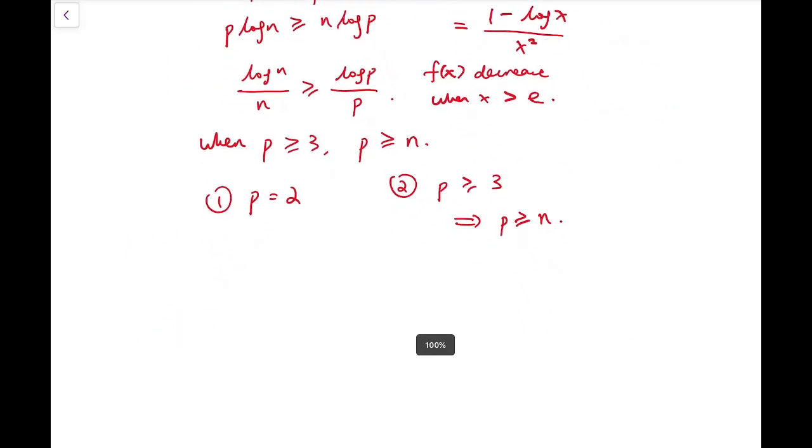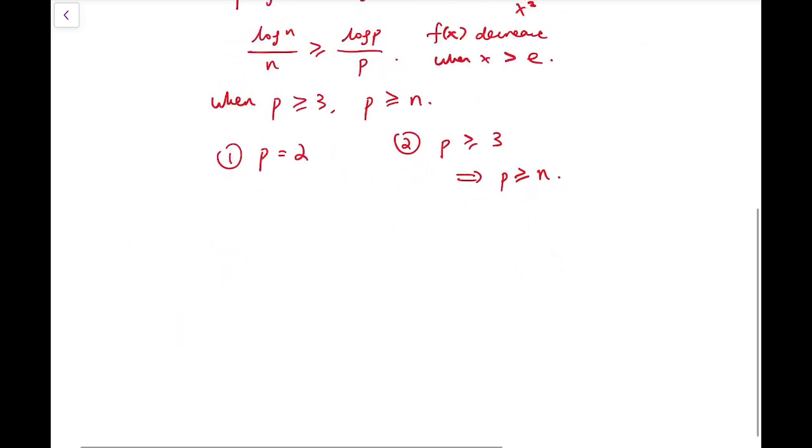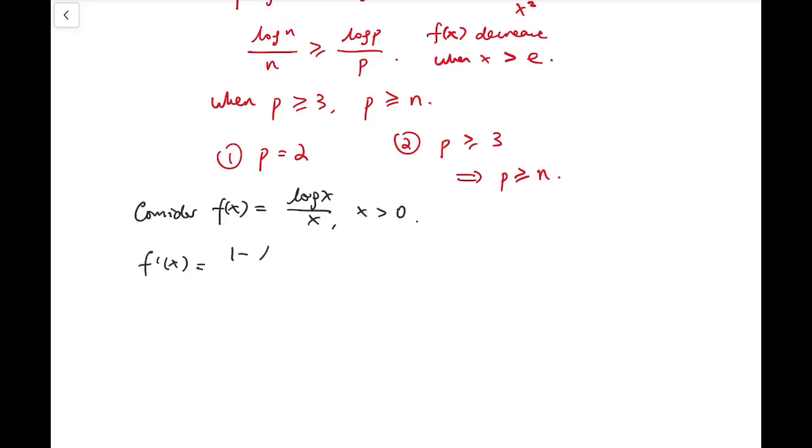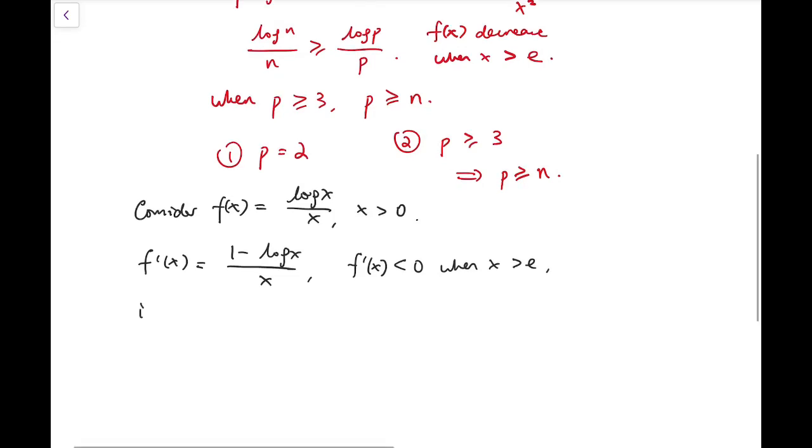So now I'm going to start the problem. These are the drafts. So consider function, therefore.